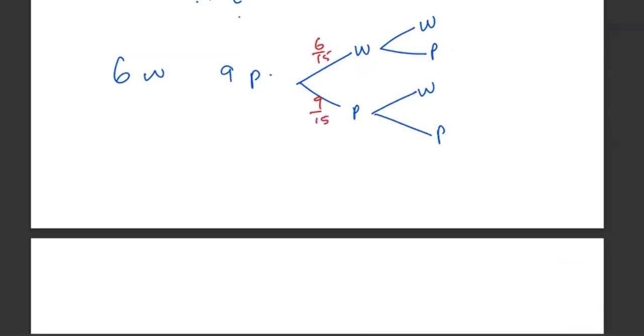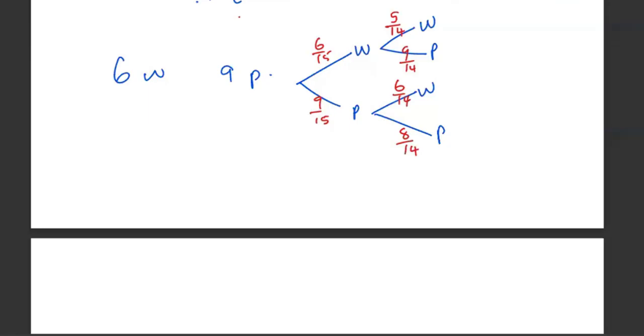If you take out a white first, the number of whites in the second turn is going to reduce to 5 over 14. The pinks will still be the same. If the first one was a pink, the number of pinks will reduce to 8 over 14, and then the whites will stay the same. So remember, for every branch that we get, we must always get a total of 1.